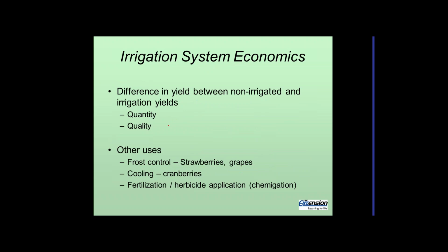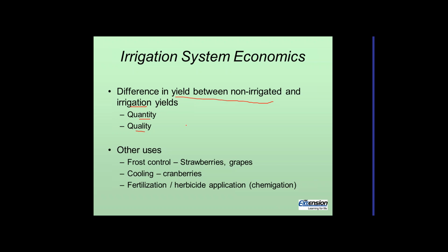How do we look at the economics of a system? Basically the way to justify the cost of these is looking at the yield between non-irrigated and irrigated, and that can be quantity and quality. So you have to look at those differences, for example the difference between dryland corn and irrigated corn, or potatoes that weren't irrigated and potatoes that were irrigated.